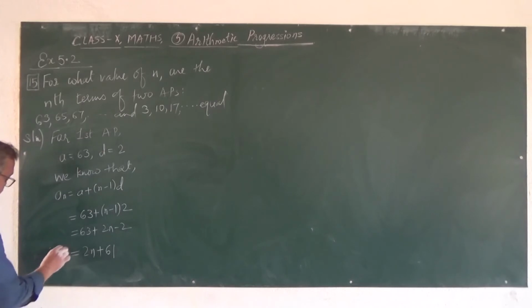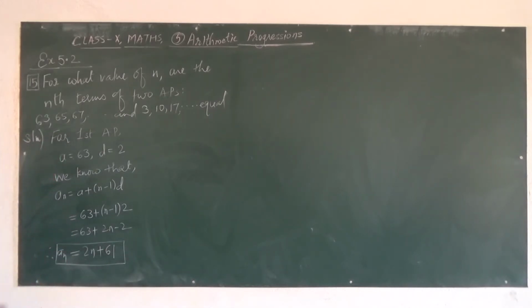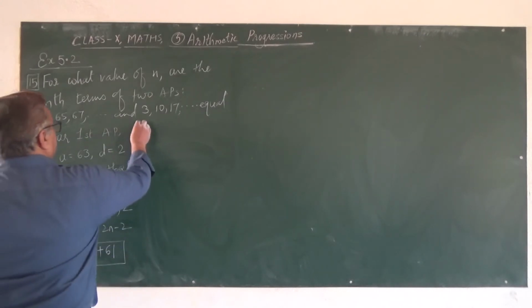So we got an for the first AP. If you put n equal to 1, you get the first term; put 5, you get the fifth term, and so on.